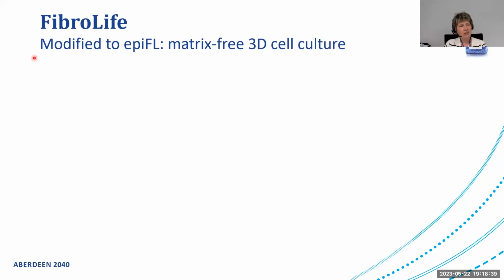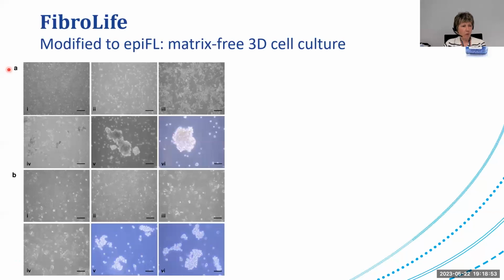And we thought, well, actually, what happens if we modify this FibroLife by omitting some of these components? And we did this, and we called it EpiFL, so EpiFibroLife. So with this EpiFibroLife, rather remarkably, when you gradually introduce the cells to EpiFibroLife, the cells start off as a conventional plastic monolayer.